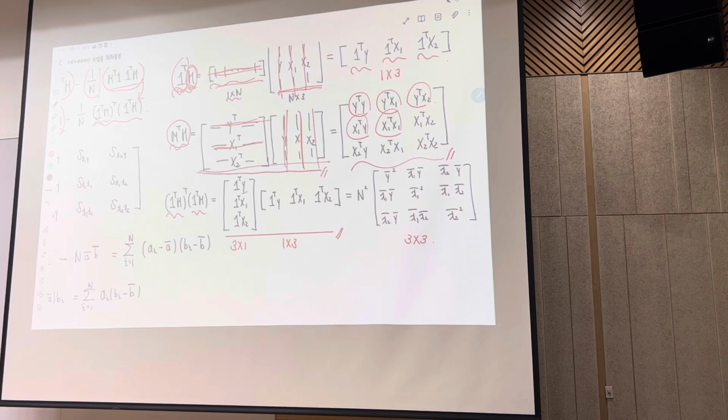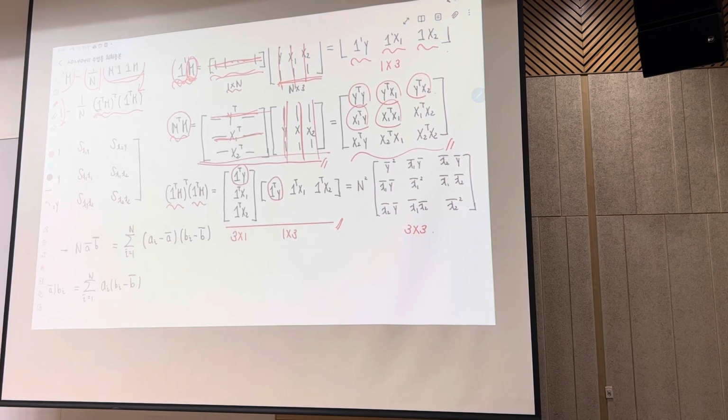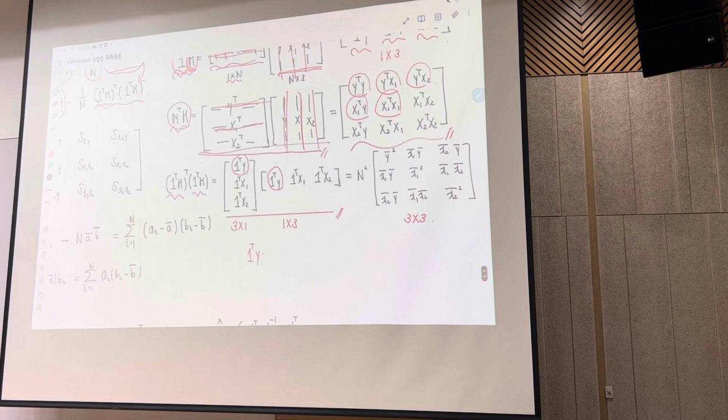So it will be a 3 by 3 matrix. Then 1 transpose y means n times y bar. Can you agree with this one?